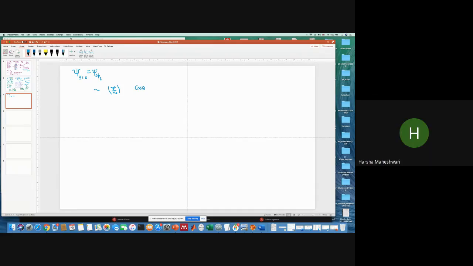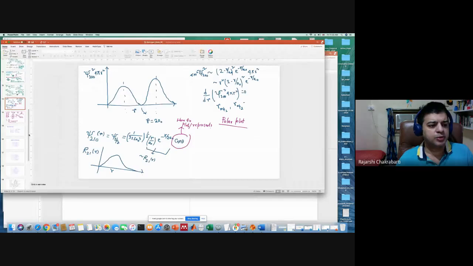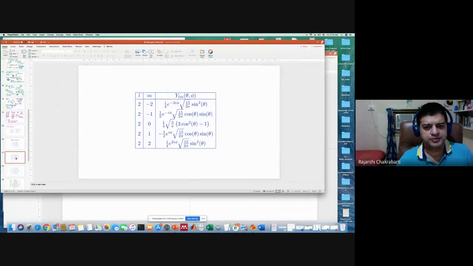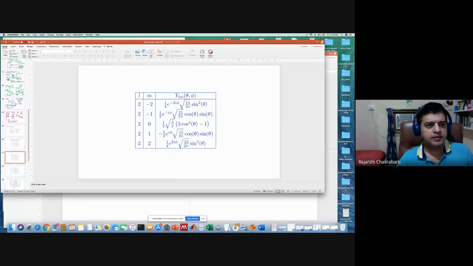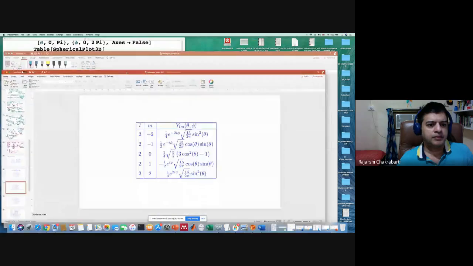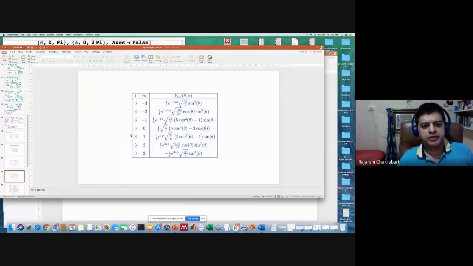E raised to the power minus r by 3 then on. Yeah, something like exponential of... let us see the exact expression. So it is this.